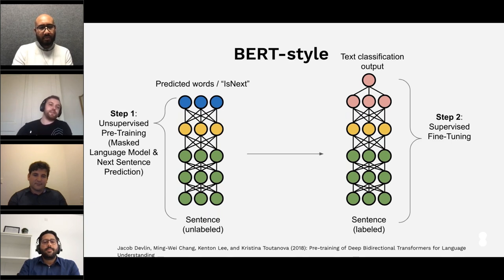So that's what we take, and then we pre-train our BERT model on masked language modeling or next sentence prediction. We give in a sentence, mask some words, and ask the model to predict the words that we masked. We train it, and then we produce one pre-trained BERT model, which in the second step we can reuse. We can add another layer to get our desired output, and then we fine-tune.